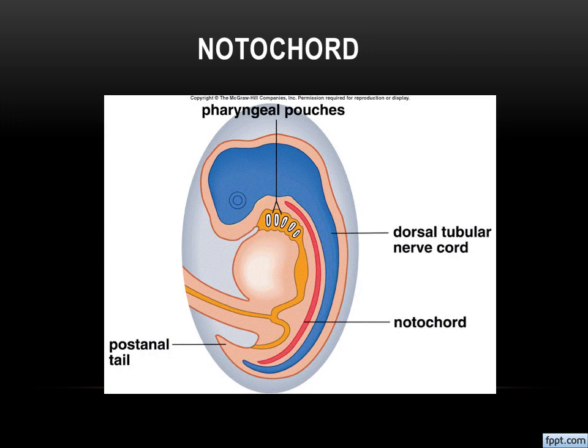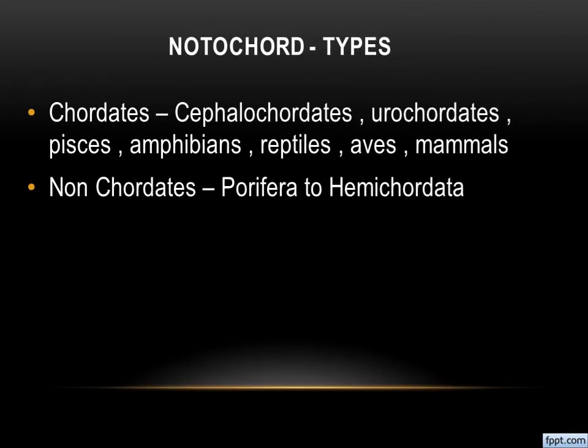So as per the presence or absence of the notochord, the animals will be classified into two, that is chordates as well as non-chordates, right? So let us see the classification. Notochord types. Chordates means these organisms possess the notochord. In non-chordates, there is no notochord available.